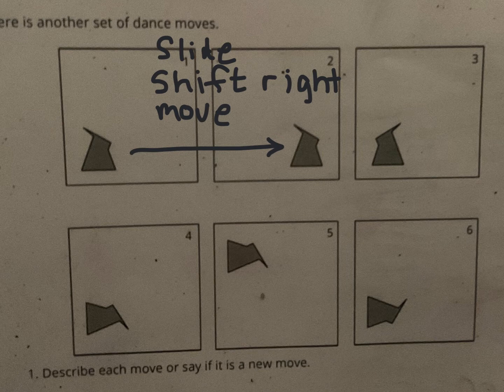He just slid over, right? So slide, shift, move, those are all words that you already know. This is the big kid word that we are now going to use for slide, shift, move. I love travel. I didn't even think about that one. This is called a translation.